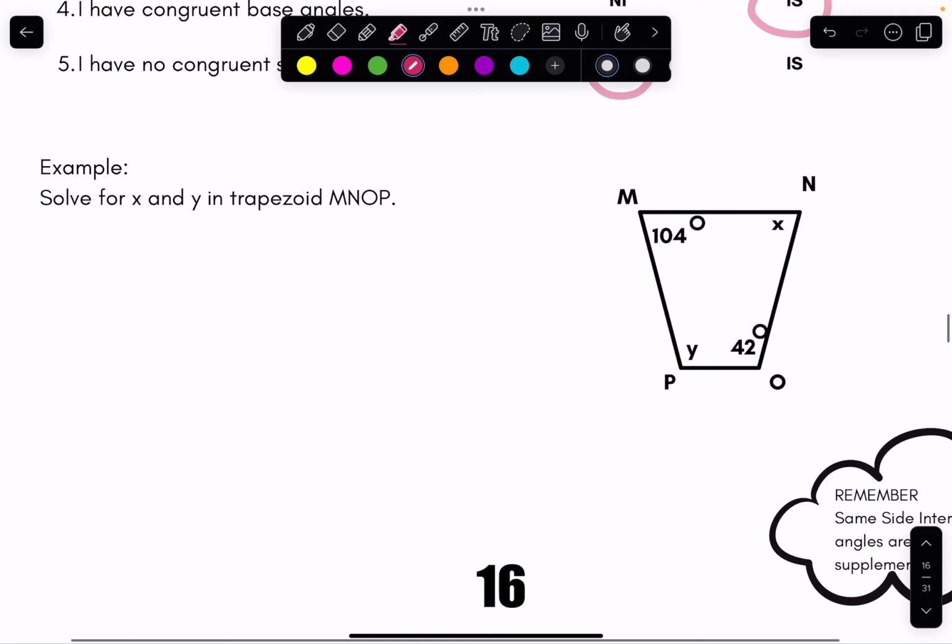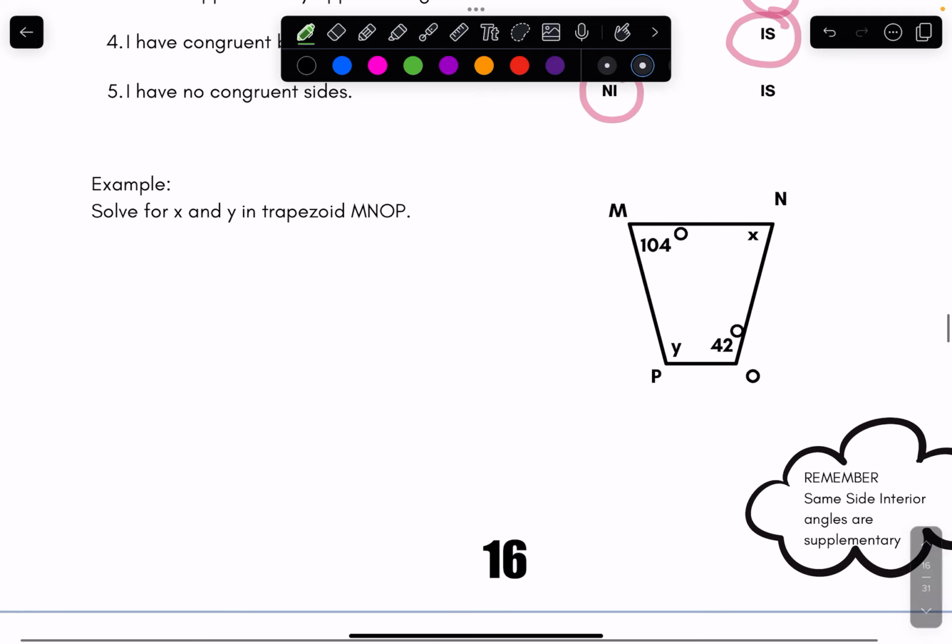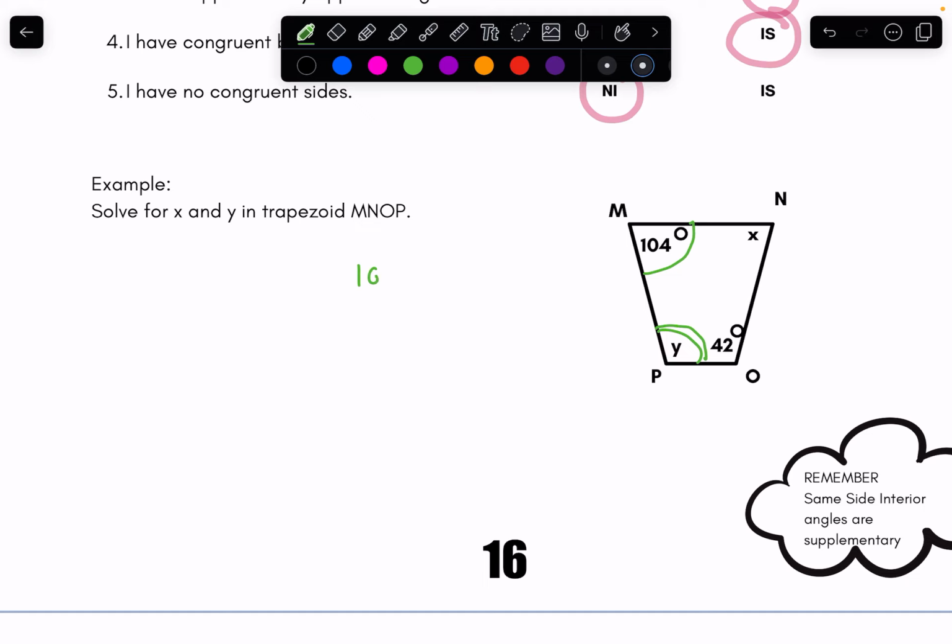Now, if we have a trapezoid, we have to remember that same side interior angles, so 104 and y, must add up to 180 degrees. So then we subtract 104. So y is 76.